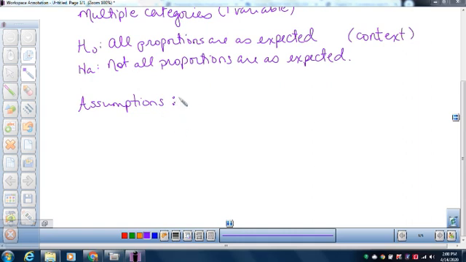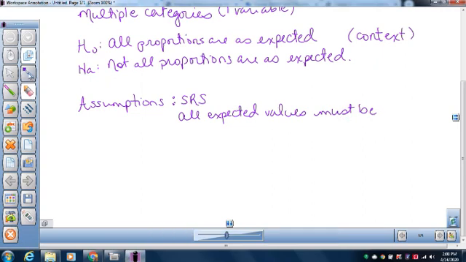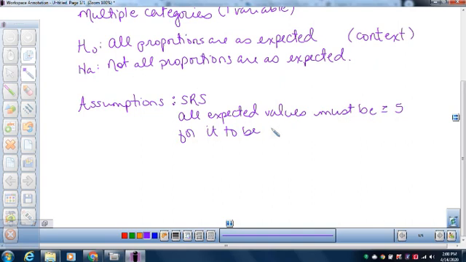So our assumptions are still that we have a simple random sample. And then this time, all expected values must be greater than or equal to 5 for it to be appropriate to use a chi-squared test.